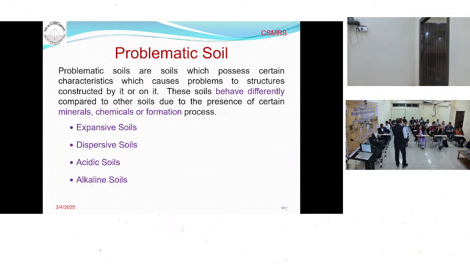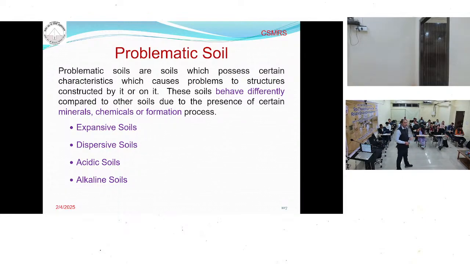We are talking about the normal soil. Right from the morning we have been talking about the normal soil. But there are certain soils which we call problematic soils. Why do we call them problematic soils? Because these are the soils which create problems either during construction or even after construction, post construction. Why do they create problems?